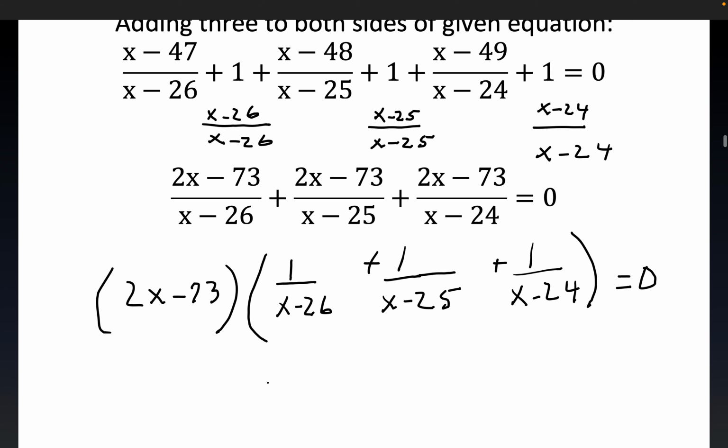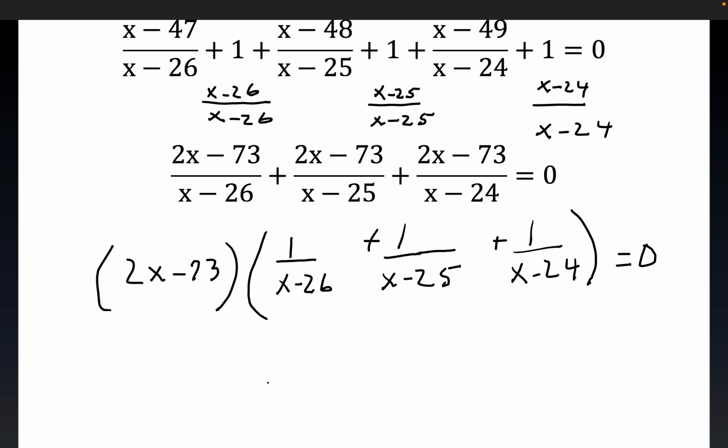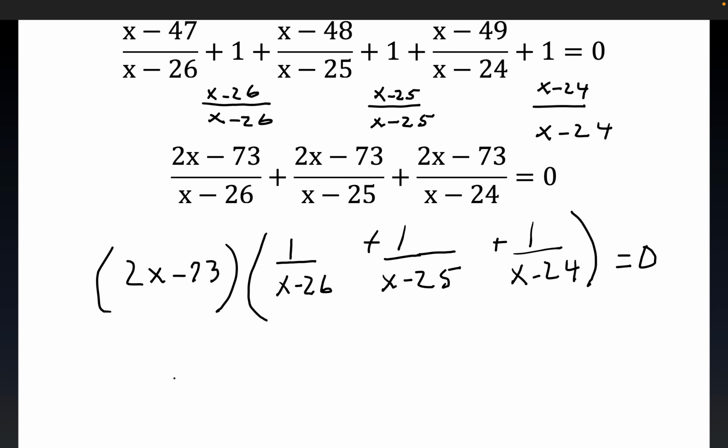But to find the rational solution, we can set this factor, 2x minus 73, equal to 0. And of course that implies that x is equal to what, 73 over 2?